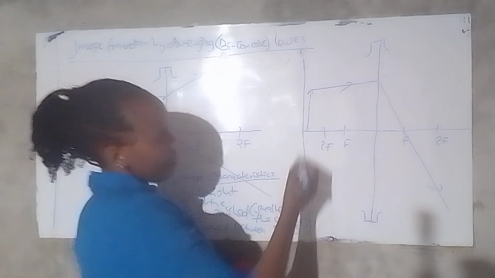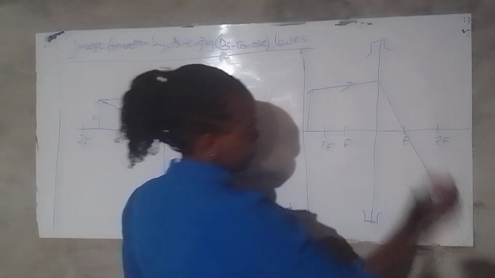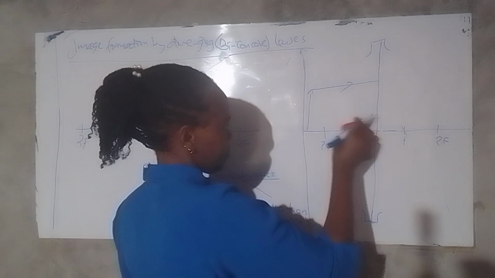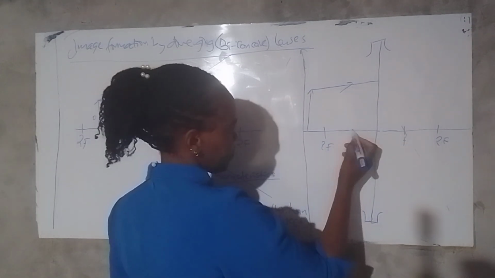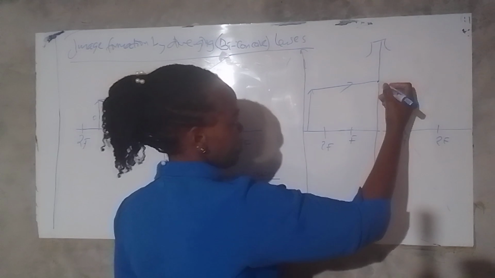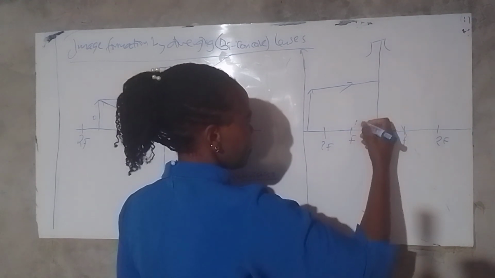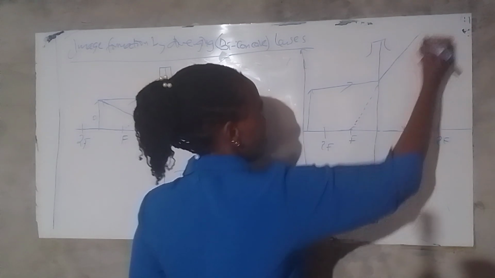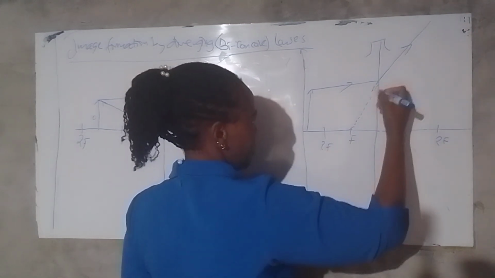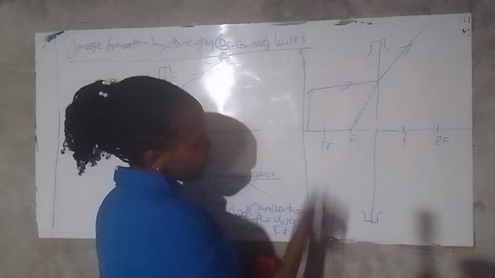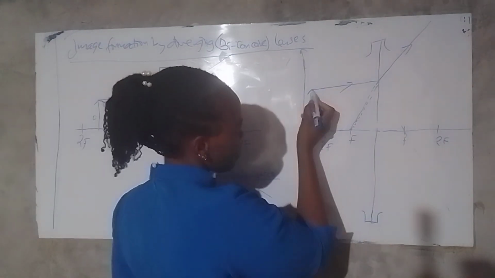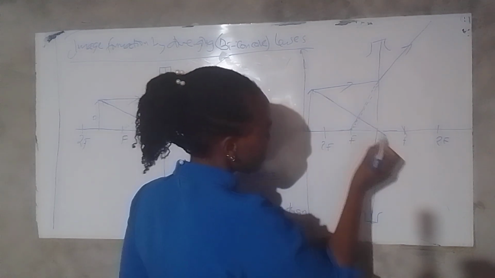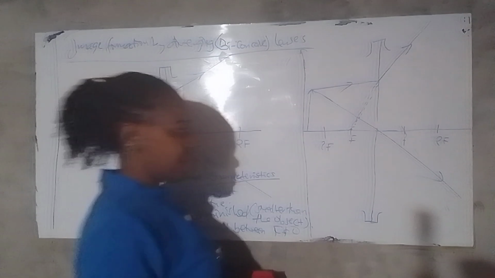Okay, and the one that, sorry for that, we're using a diverging lens, so it will be refracted as if it is coming from F. And the other one, of course, will be coming from the tip of the object through the optical center, and that should pass undeviated.